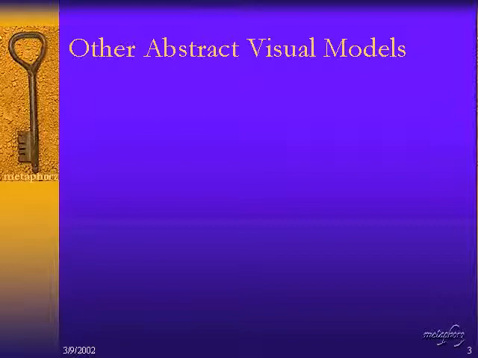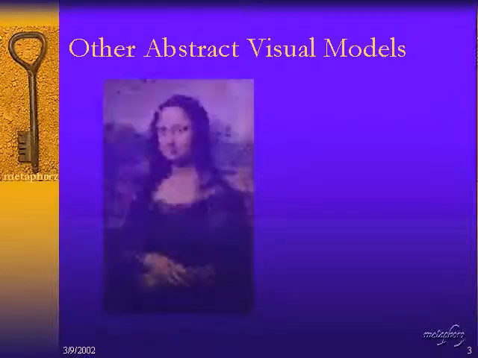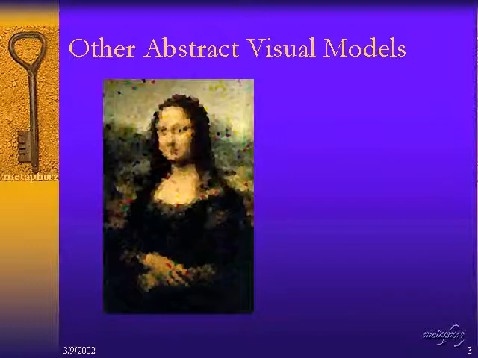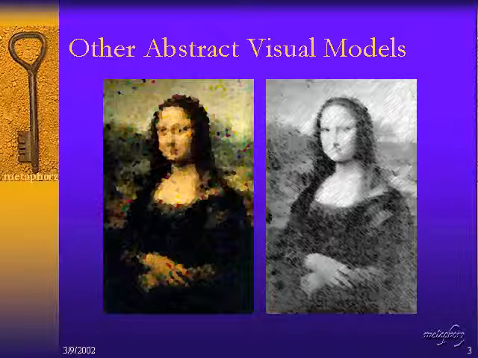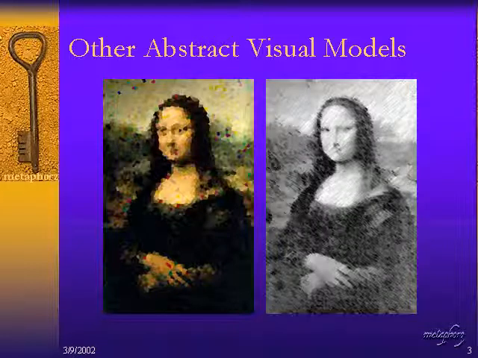Here's a couple of other examples of artistic models. They're a little bit more abstract. So let's take a look at them. Here's the first one, and here's the second. These abstract versions of Mona Lisa were created very quickly from Adobe Photoshop using filters.